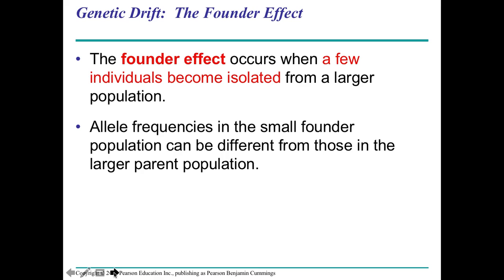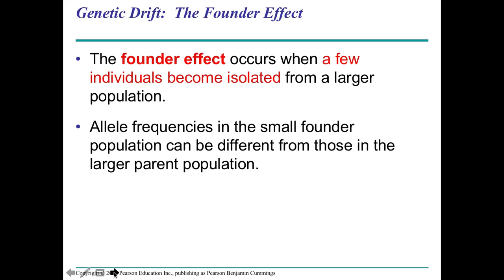So in genetic drift, there's this thing called the founder effect. And the founder effect is basically when a couple organisms become isolated from the rest of the population. So we have a big population, there's some organisms that got thrown over here and they're all by themselves for whatever reason, due to natural disasters or just happening to migrate away. It can affect evolution and it can change a population.